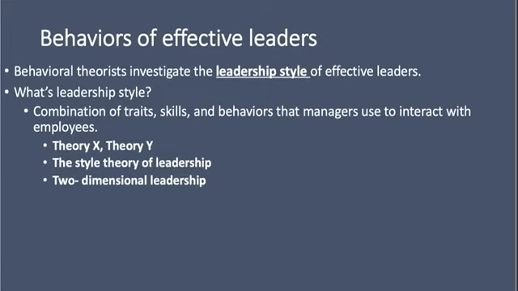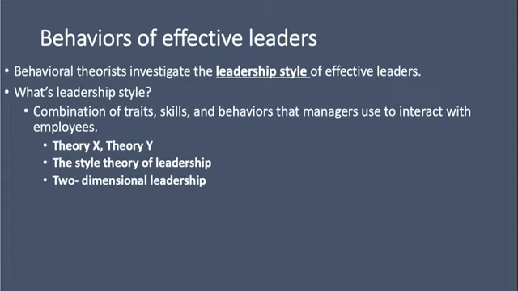The second type of leadership theory we're going to look at is behavior leadership theories. We're going to look at the behaviors of effective leaders. So we mainly investigate leadership style. Right, so what is leadership style? It's a combination of the traits, skills, and behaviors the manager uses to interact with the employees.